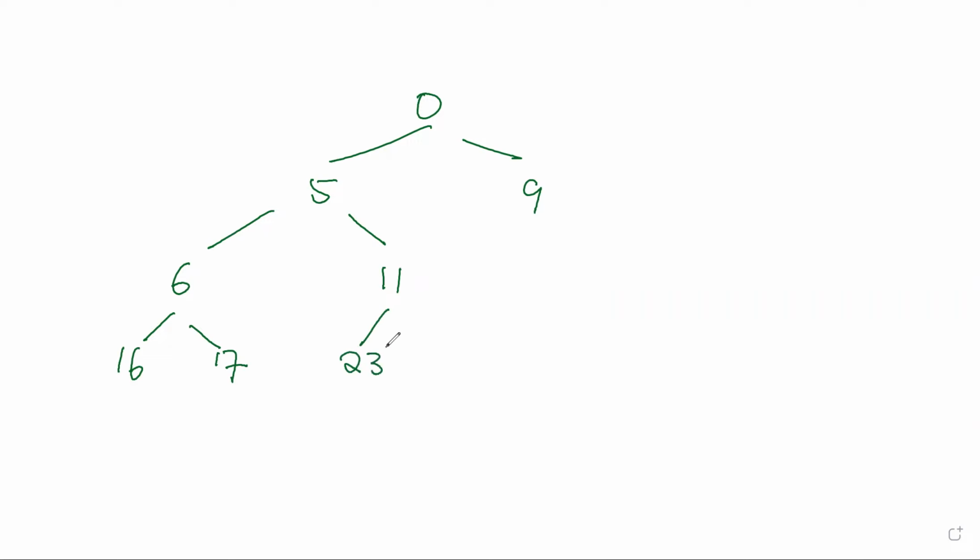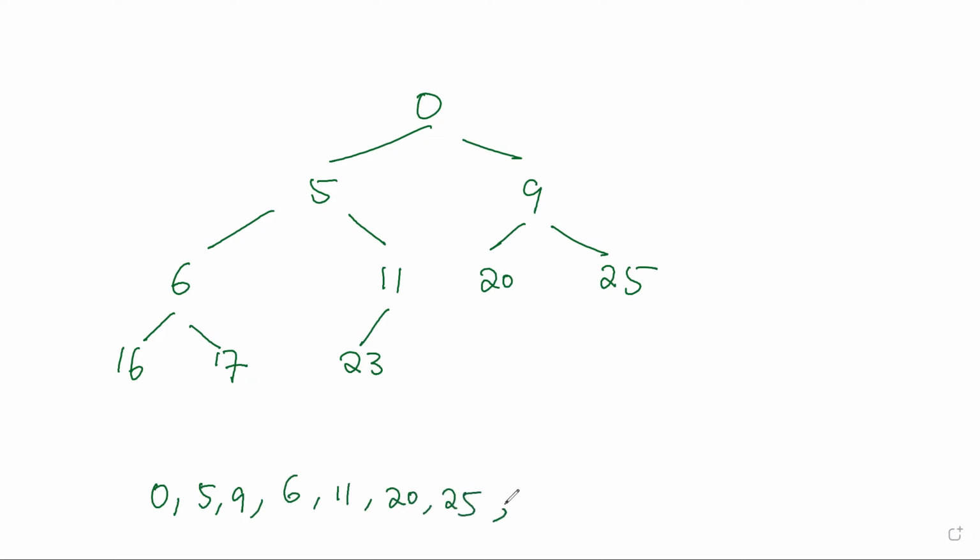And then I have 20 and 25. Then our array looks like 0, 5, 9, then 6, 11, 20, 25, 16, 7, 23. Okay, so then let's see.